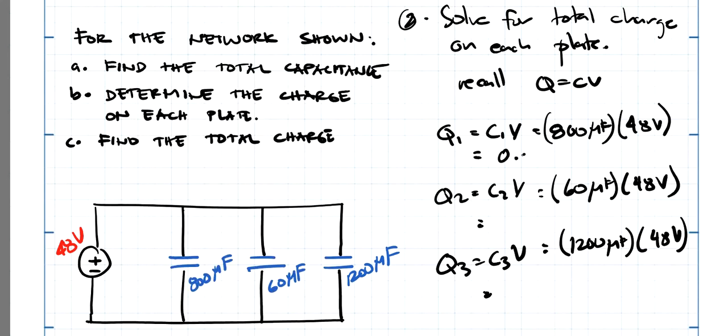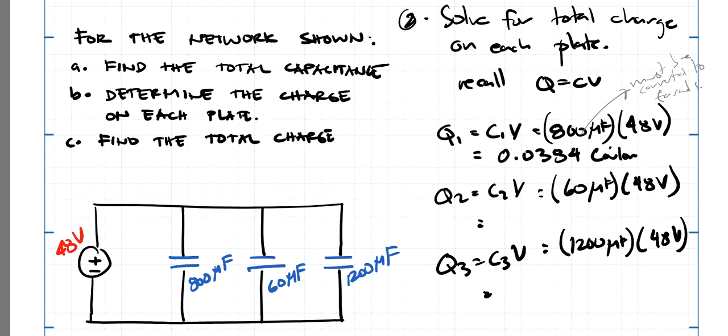This must be converted to farads, and the units of this must be in coulombs, or C.